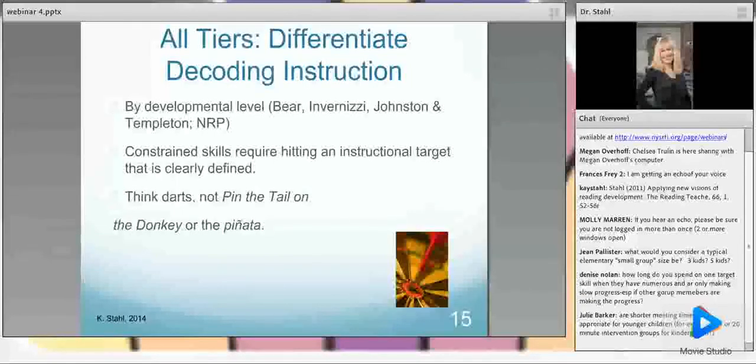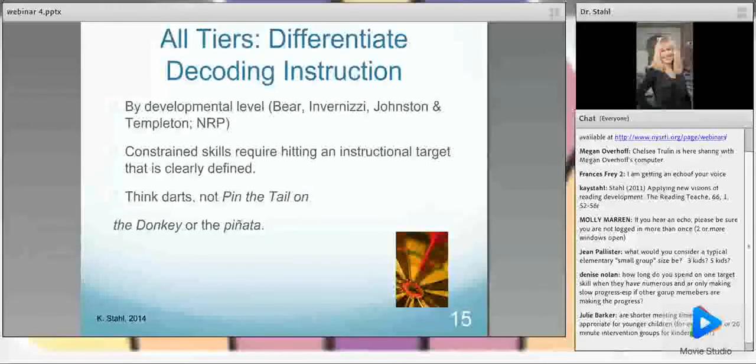If you are working with a Tier 2 group that has children at different developmental levels, for example a child that has mastered the long vowels and is now ready to learn diphthongs and R-controlled vowels, but in that same group you have children that still have not mastered short vowels, you are going to have a very hard time meeting those needs and hitting that bullseye that you see portrayed on this slide.